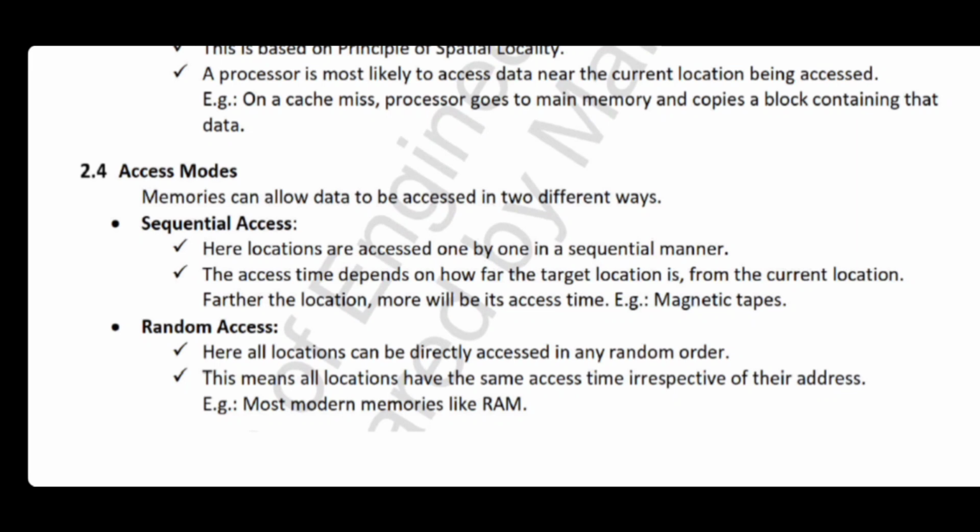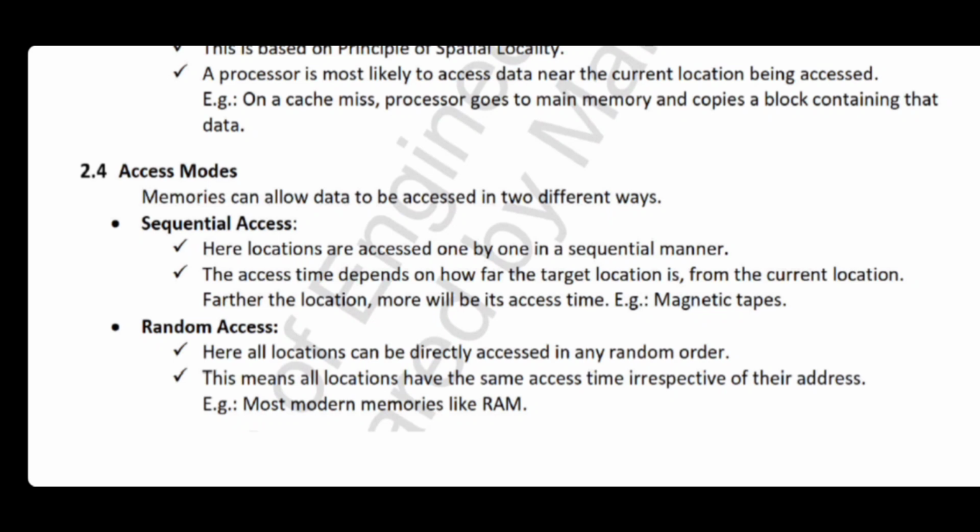That is, if the current location is 20 and the target location is 500, it directly goes to the 500 address, which means its access time is equal. So even if the distance between current and target address varies or increases, the access time is the same because it can access randomly, not sequentially.